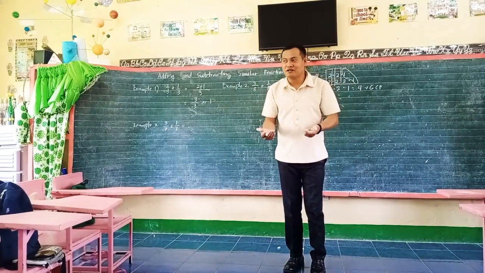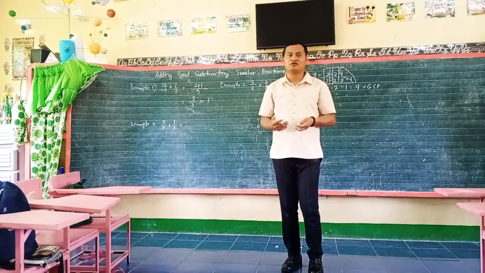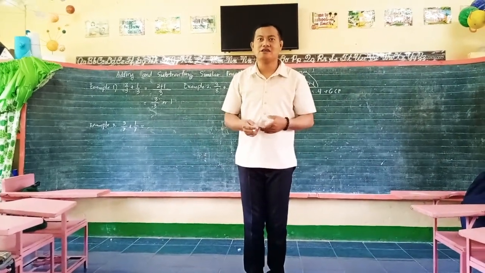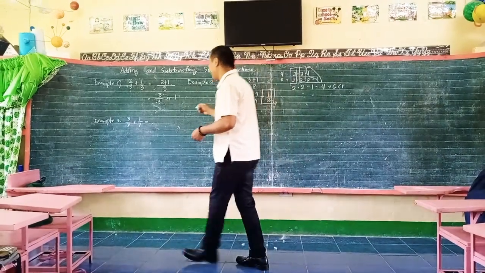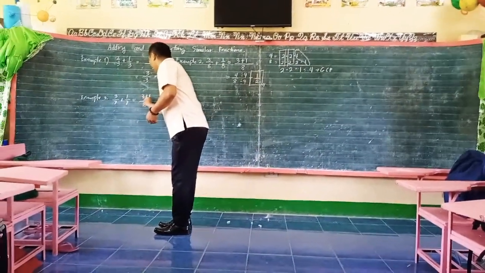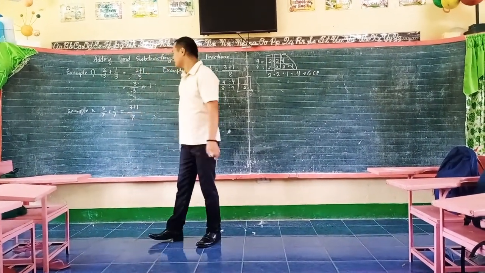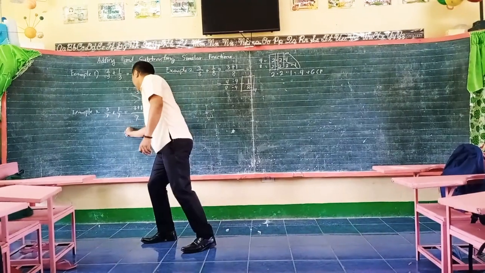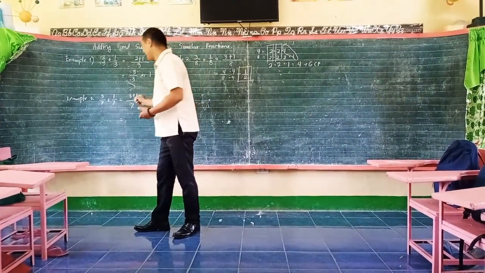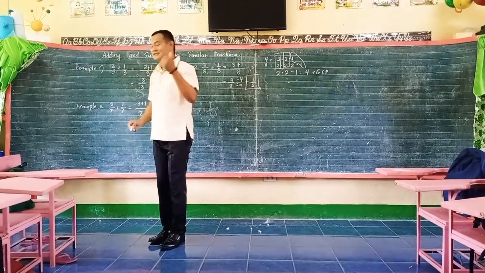In adding similar fractions, we always need to consider the rule, that is, we add the numerators together. We have 3 plus 1, and then copy the common denominator, and that is 7. So we simplify. 3 plus 1 is equal to, very good, 4. Then we copy the denominator, and that is 7.